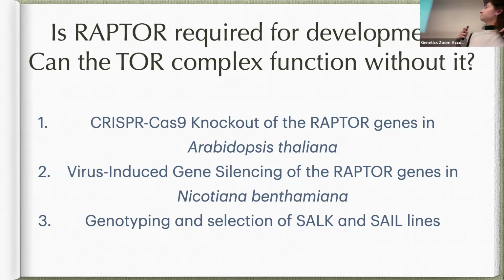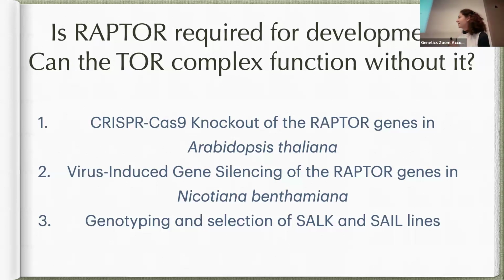So there are three ways that I'm going to, or am in the process of, assaying whether or not Raptor is required for development, growth, function of a plant. The first one is using CRISPR-Cas9 to knock out the Raptor genes in Arabidopsis thaliana. Like I said before, there are two Raptor genes, and some people have a theory that when you knock out Raptor 1b, potentially it's being compensated for by Raptor 1a.